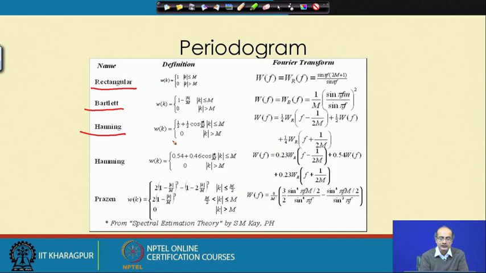and that cosine we know, when the angle is 0 it is 1, and as we increase the angle, the value will decrease. The Hamming window is also very close to the Hanning window, the only thing is the proportion is changed, the DC value and this value, that is changed.